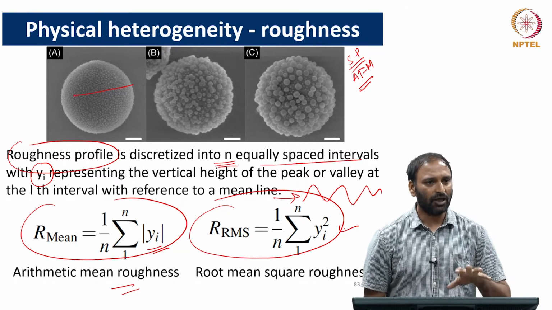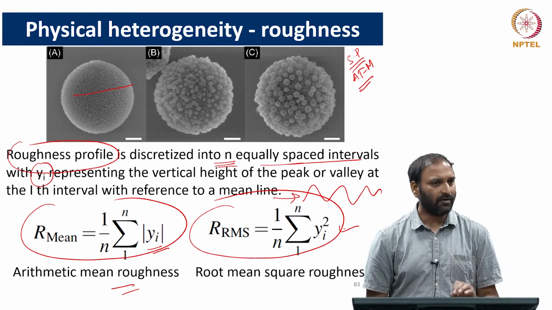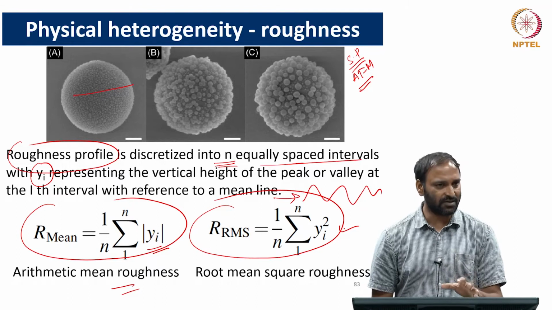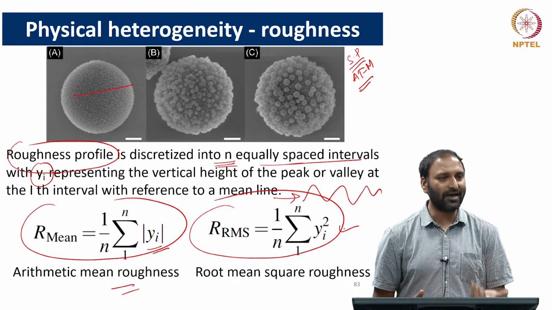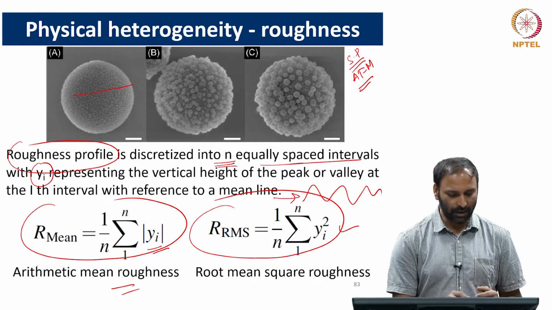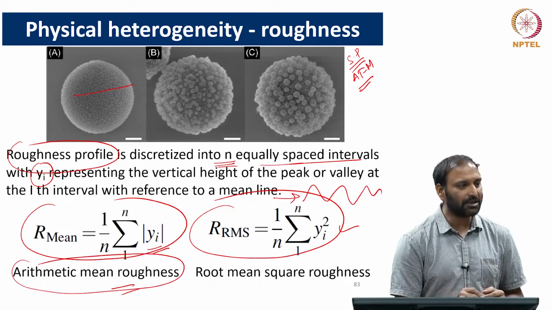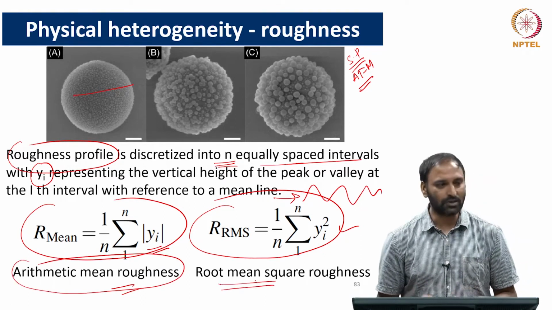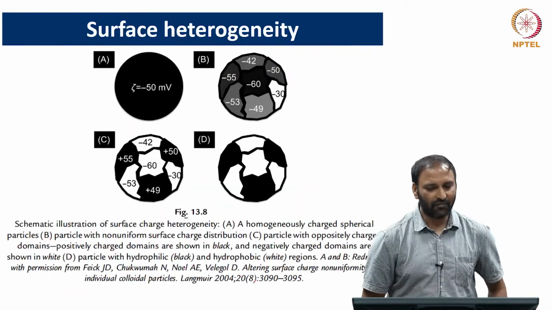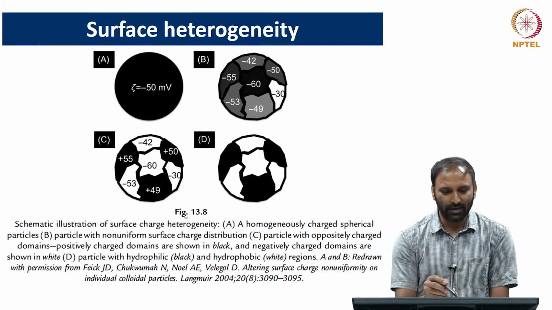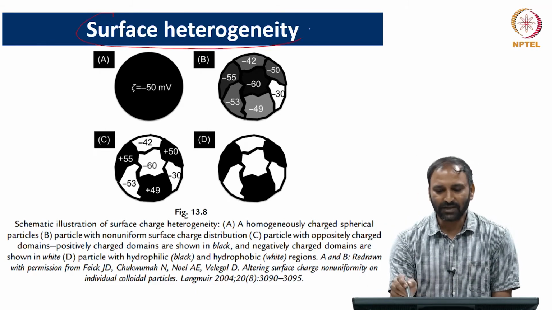So, if we have particles that have physical roughness, or a physical heterogeneity, one of the ways of quantifying such a thing would be measuring the arithmetic roughness or the root mean square roughness. Similarly, we roughly touched upon this point that there could also be what is called surface heterogeneity.